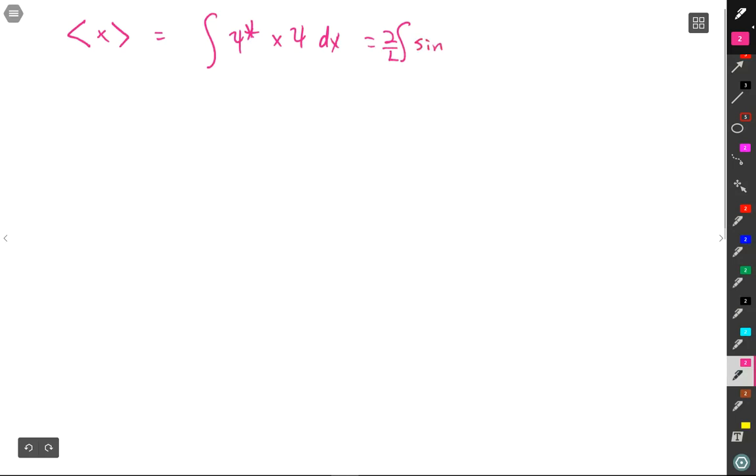Sine n pi x over L times sine n pi x over L is sine squared n pi x over L. But then we have the additional x dx. So it's a different integral.